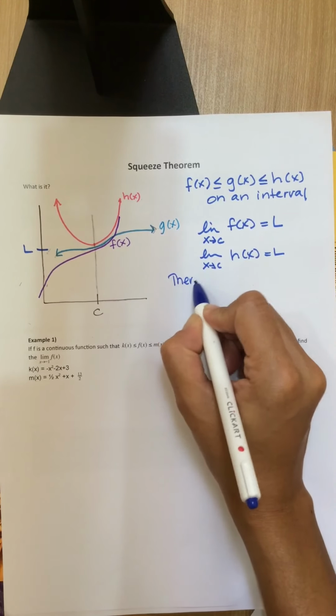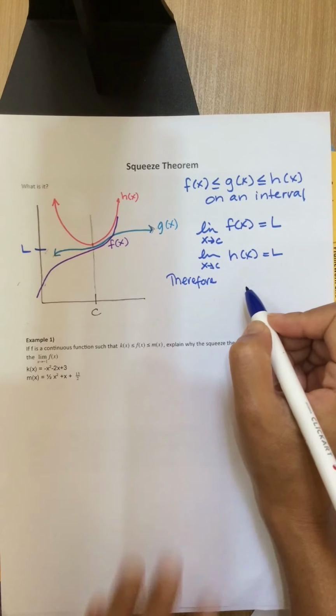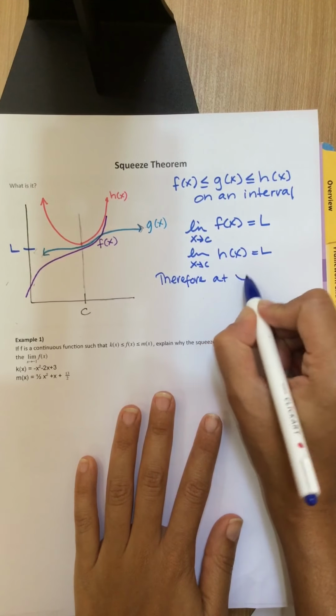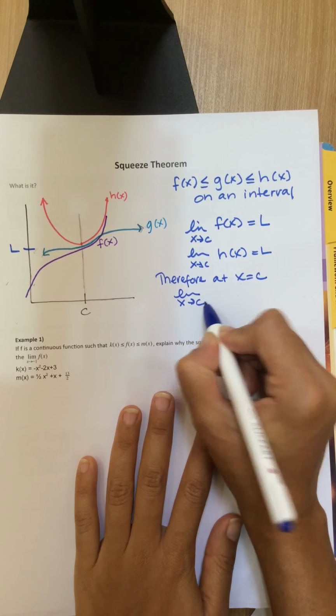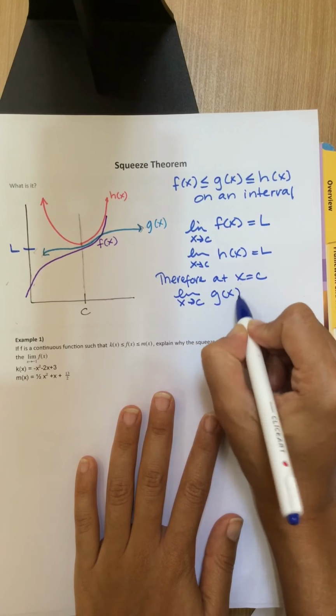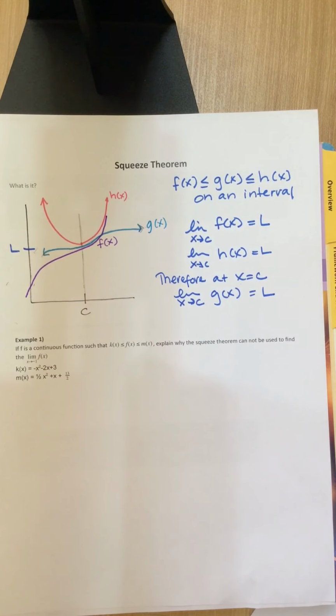Therefore, at x equals c, the limit as x approaches c of g of x must also equal L.